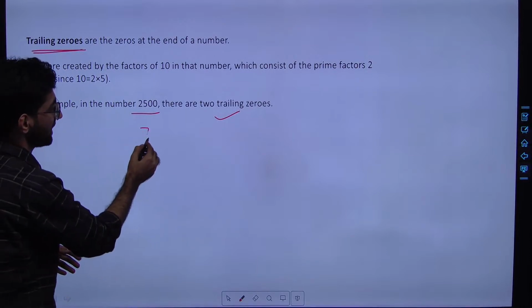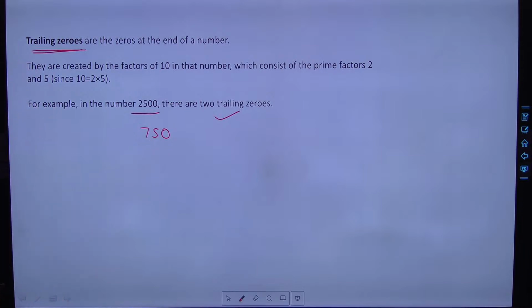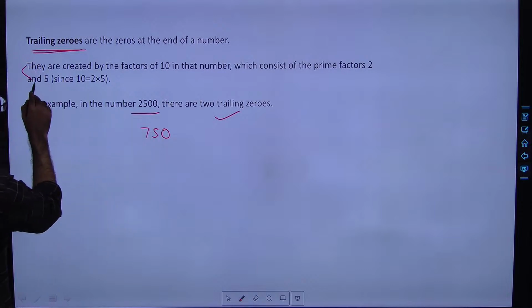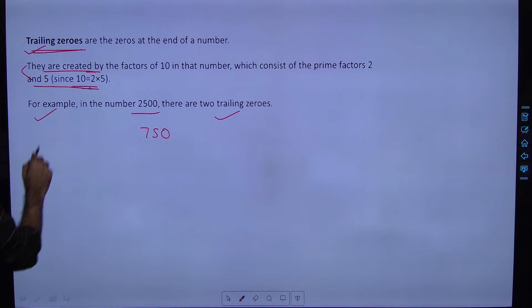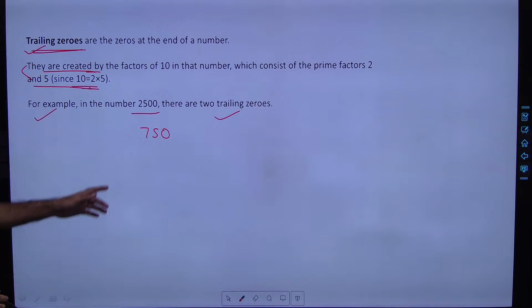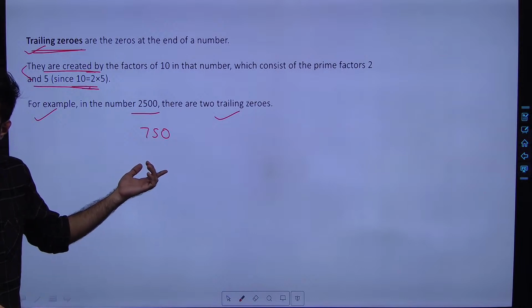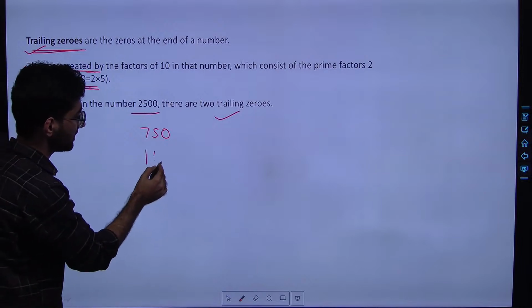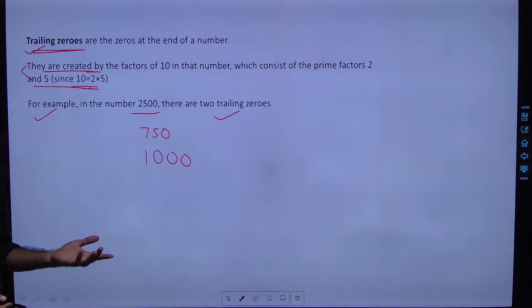If I take a simple number 750, tell me what is the number of trailing zeros? 1. Only 1 zero. See, don't look at these lines for now. Only look at this line and this line for now, right? So if I say 750, what is the number of trailing zeros? 1. If I give you a simple number 1000, what is the number of trailing zeros? 3.